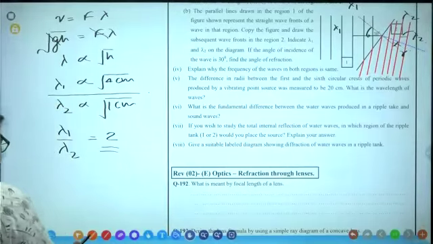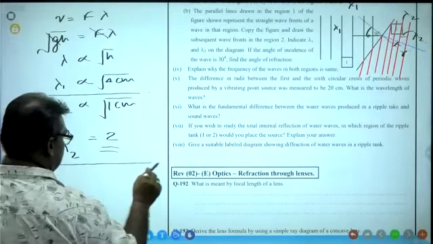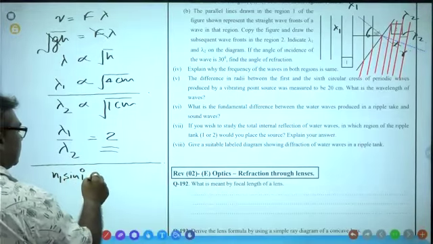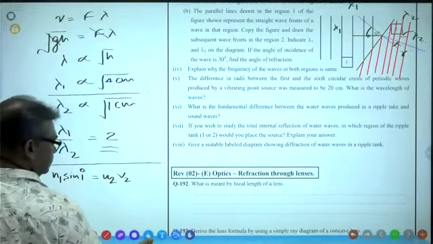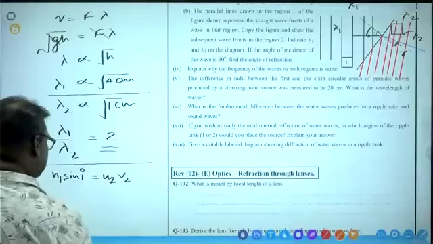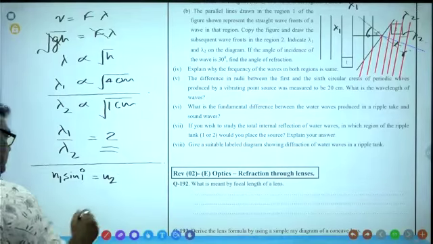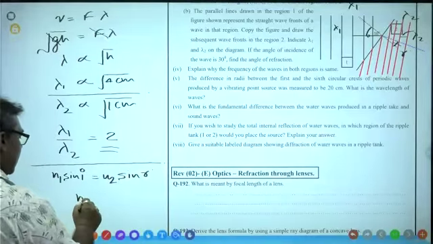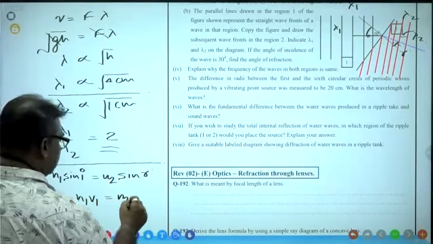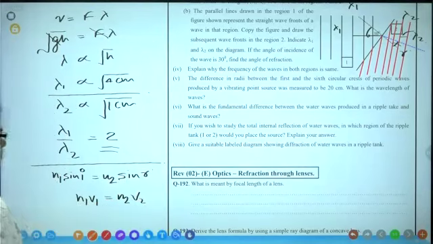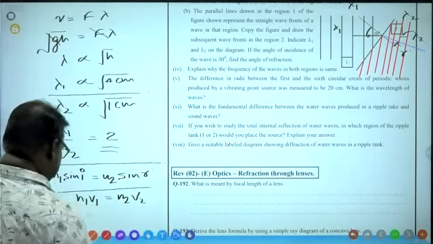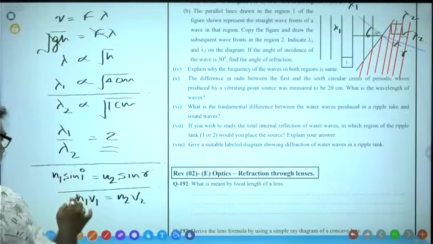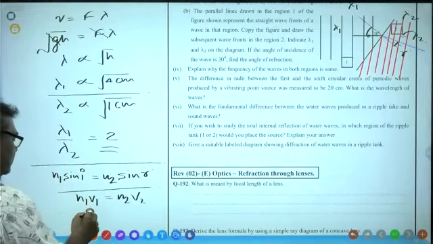we can write n1 sin I equal n2 sin R, and we have n1 V1 equal n2 V2. Okay, divide each. Then we have n1 cancel.